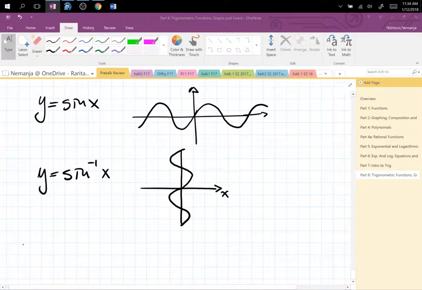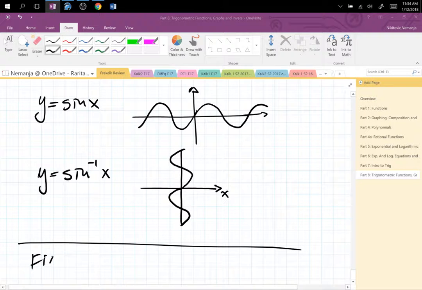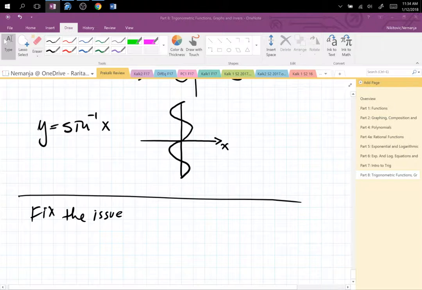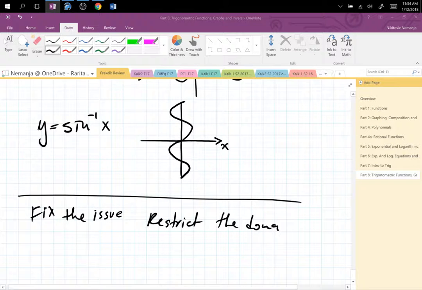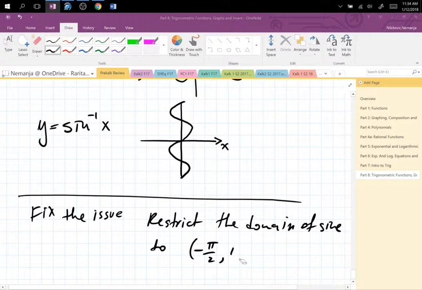So to fix the issue, I am going to restrict the domain of sine to negative pi over 2 to pi over 2.